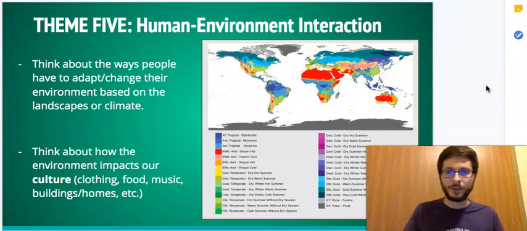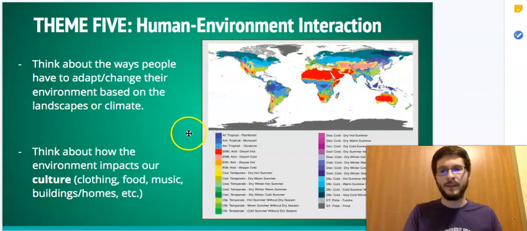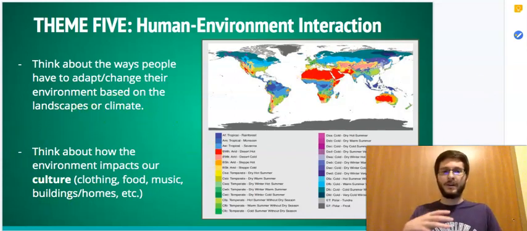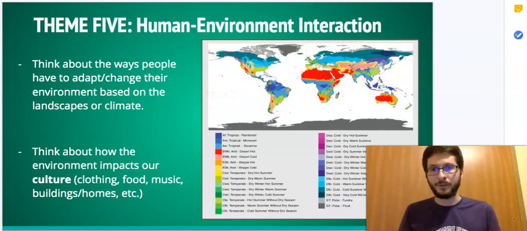Okay. So lastly, your last little takeaway, think about how the environment impacts every aspect of our lives and every aspect of our culture, okay?